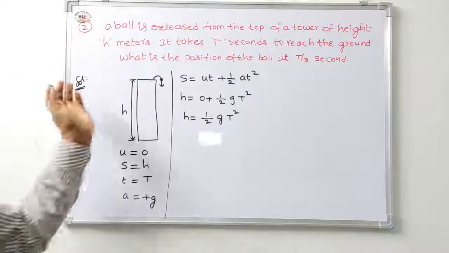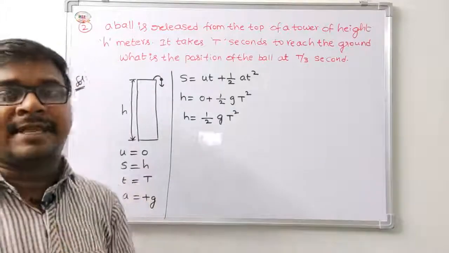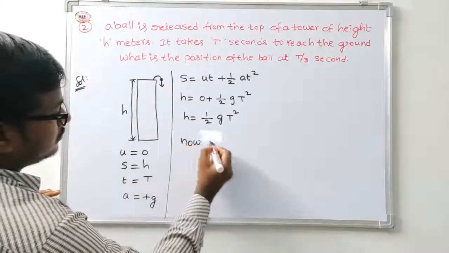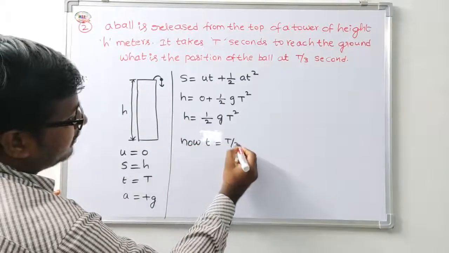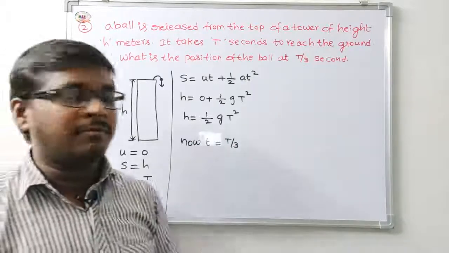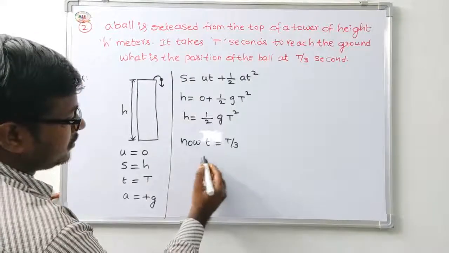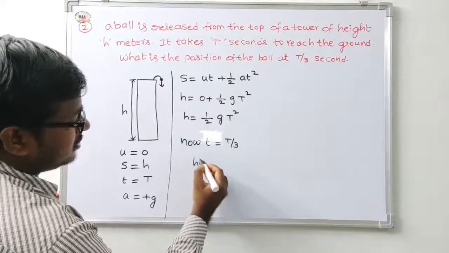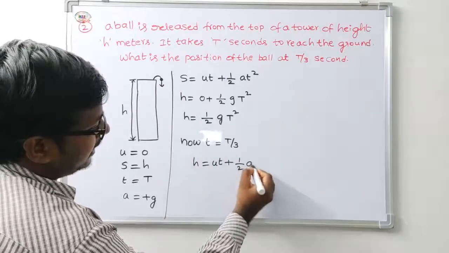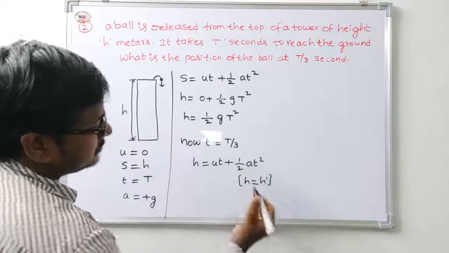Okay, now the position of the ball at t equal to T by third second. The vertical distance moved is given by the same formula, h is equal to ut plus half at square. Here h is equal to H dash.